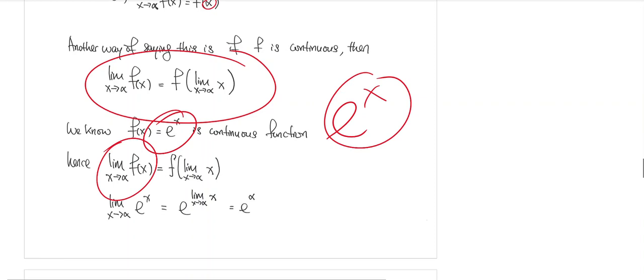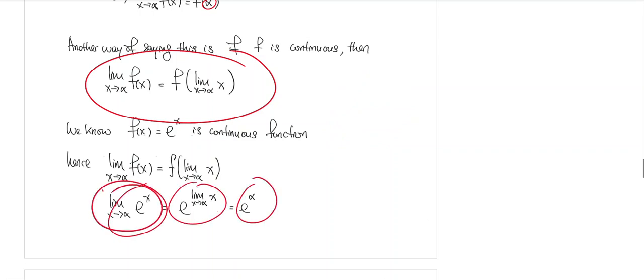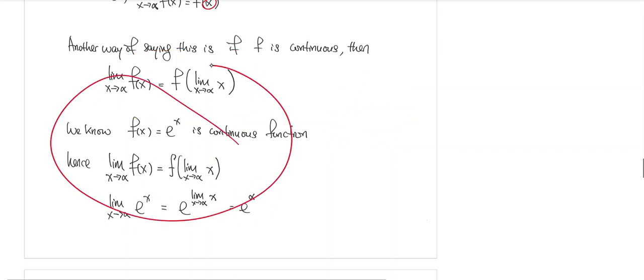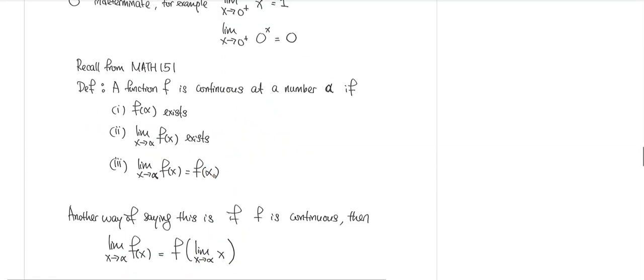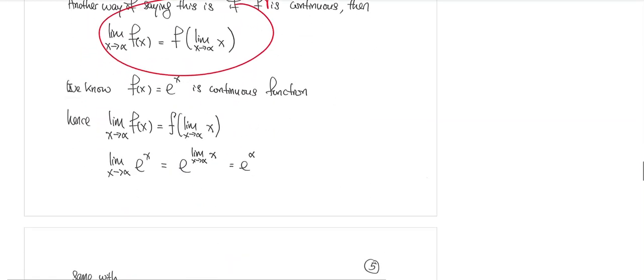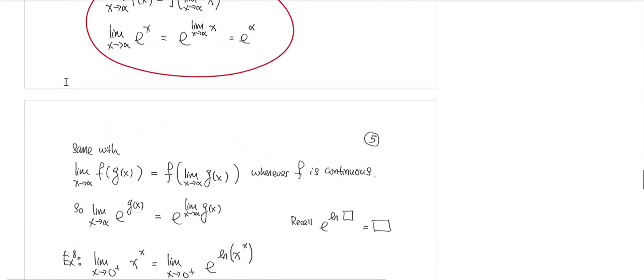So if you evaluate these limits, you can just bring the limit into that function like this. It's a notation that you might not be very familiar with, which is why we put it here, to show you that the things you learned in Calc 1 can be said this way, and you can apply it this way. And actually what we want to do is a little bit more fancy.